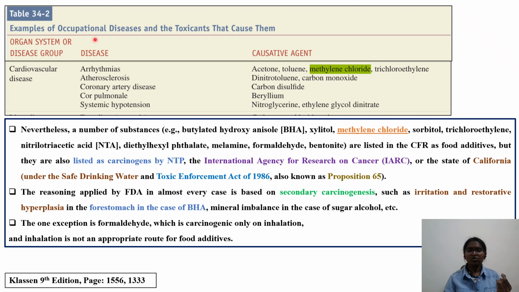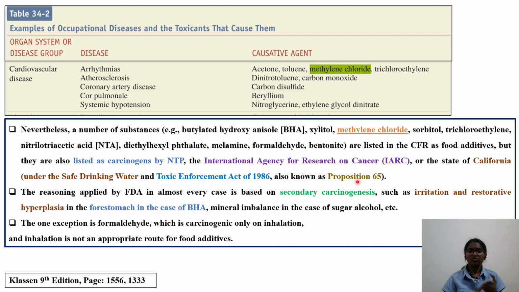If you look into these occupational diseases and the toxicants that cause them, methylene chloride is listed under this table and it is causing cardiovascular disease, particularly arrhythmia as well. Then on page number 1333, methylene chloride is mentioned and listed as a carcinogen by the NTP, IARC, California Safe Drinking Water and Toxic Enforcement Act of 1986, and Prop 65.